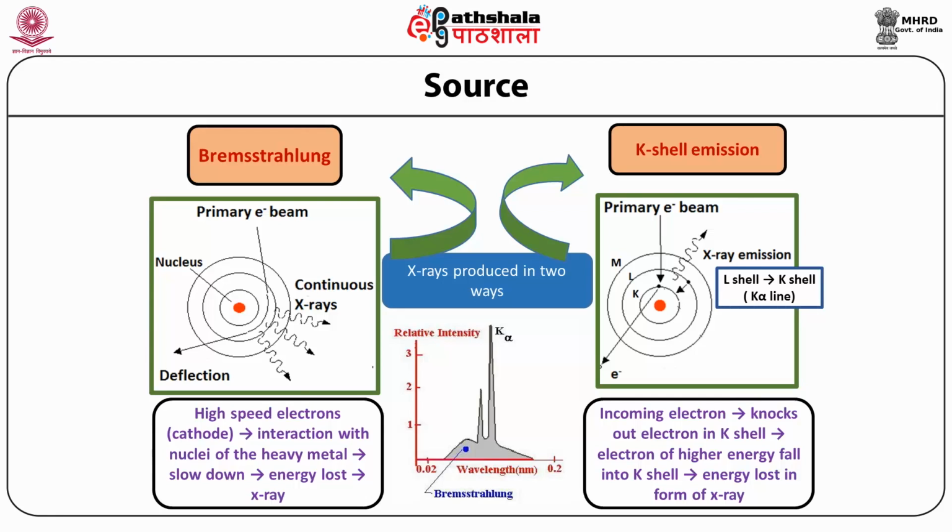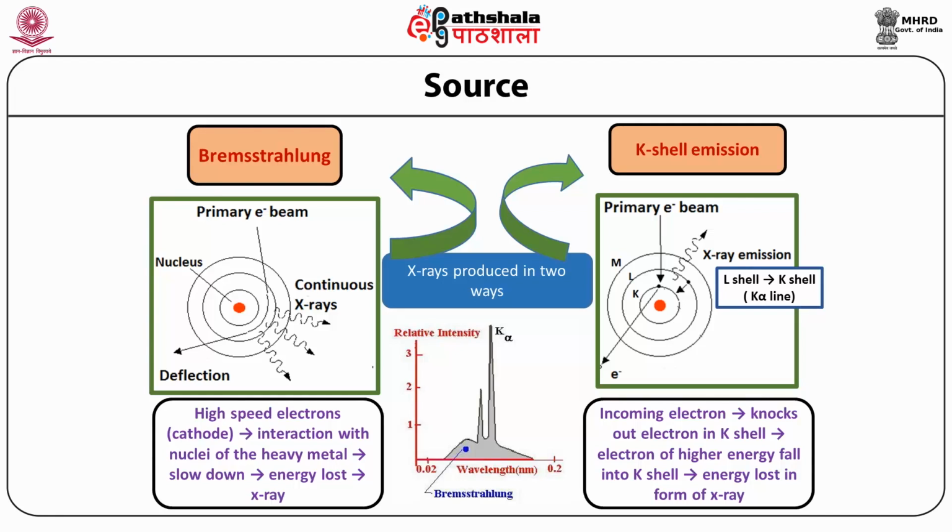This is called the Bremsstrahlung phenomenon. The other is K-shell emission. X-rays are produced in two ways. One which is explained just now, and second is K-shell emission. There also we have L shell, then K shell, and then the lines, the X-rays are sent to the target, and then the ejected electron comes out.